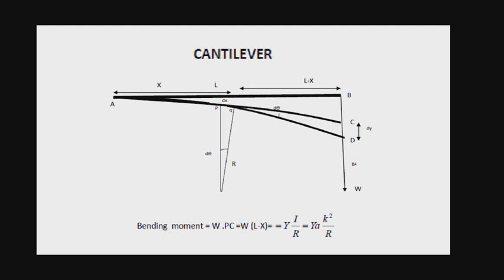Next, cantilever. A cantilever is a beam fixed horizontally at one end and loaded at the other end. This is the figure.